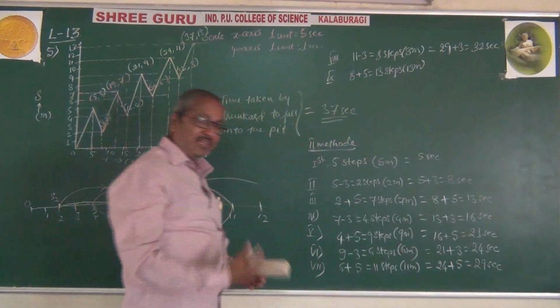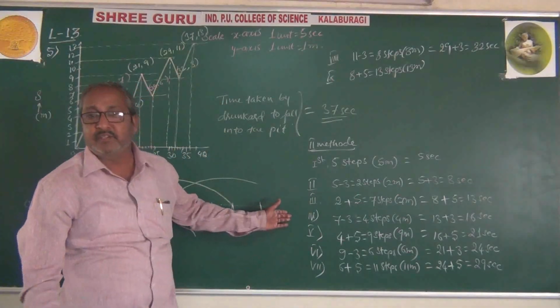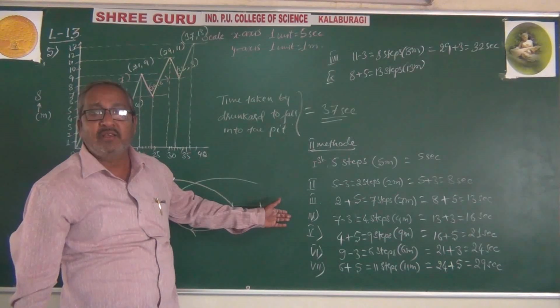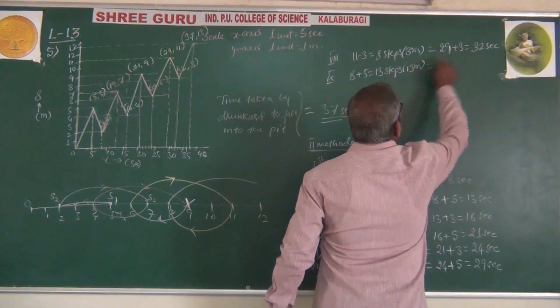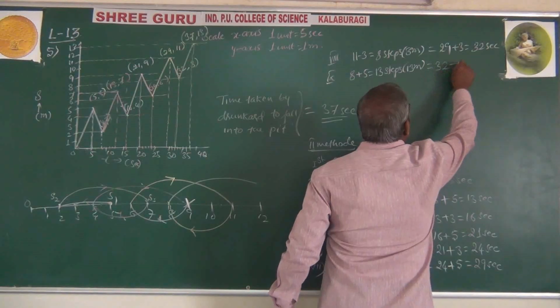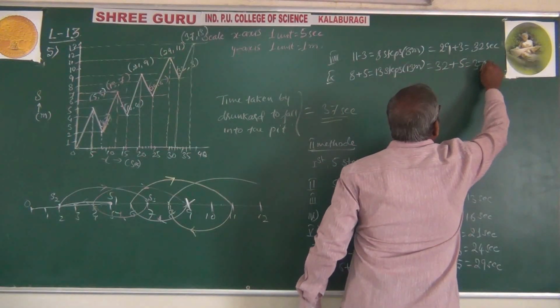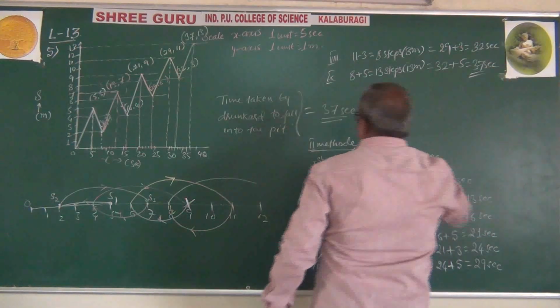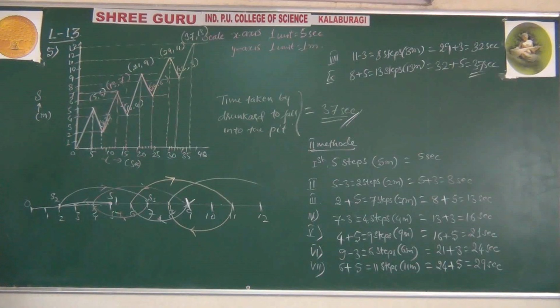If he will be in 13 meter position, that means he will be in the pit. Already 32 seconds plus 5 seconds equal to 37 seconds. So hence he will take 37 seconds to fall into the pit.